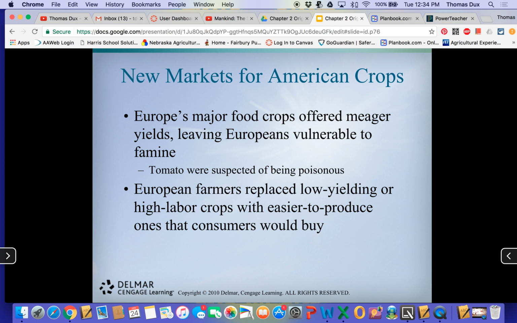And then there are new markets for a lot of these American crops that can grow well and have been growing in North America, which we've already talked about a little bit regarding their origin. The book also talks about how tomatoes didn't really become popular.